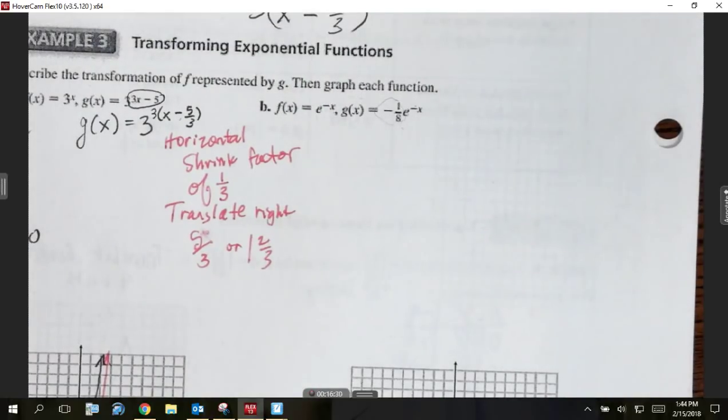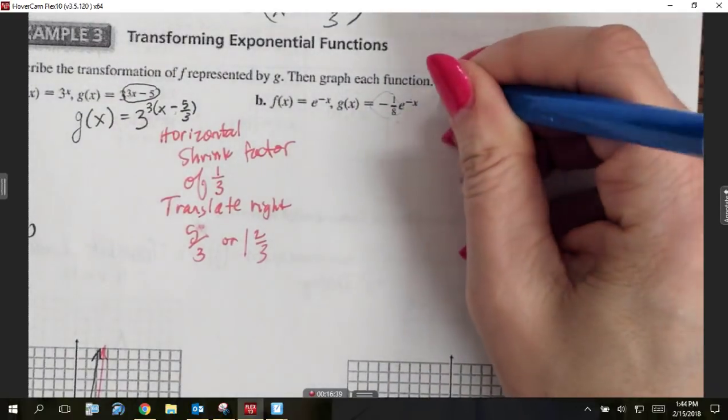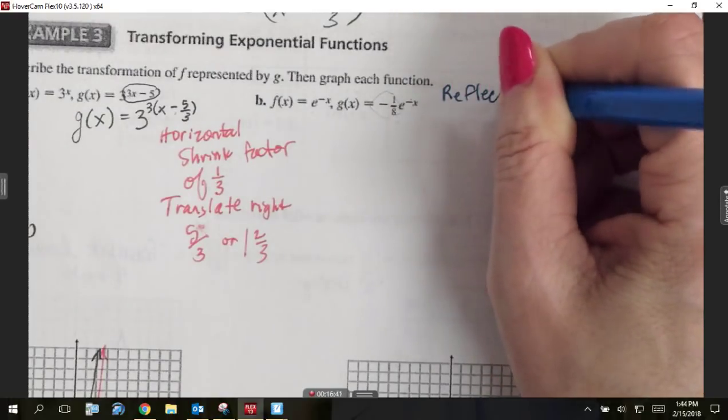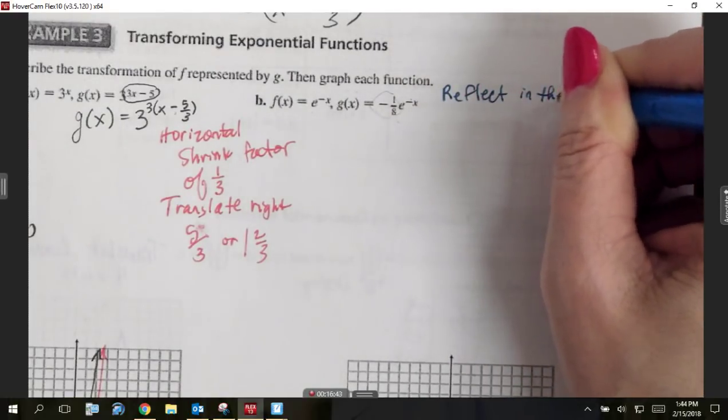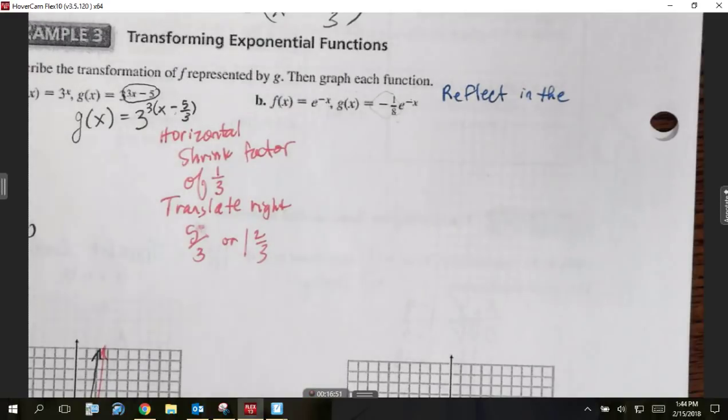What's the negative on the outside of the function tell us? Reflect in the, which axis is that one? Reflect in the, that's the x-axis.